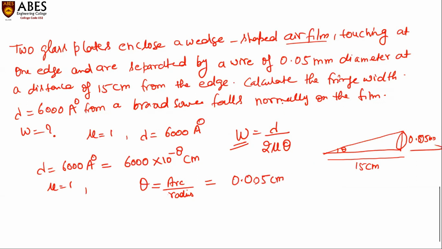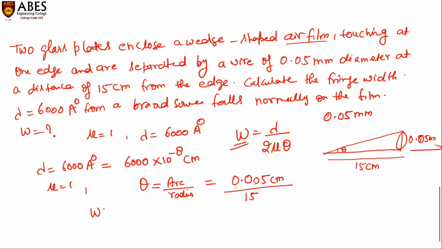This value is 0.05 mm. In centimeter, 0.005, and the radius is 15 centimeter. Now we have the value of lambda, the value of mu, and the value of theta. Now put these values in and find out the fringe width.